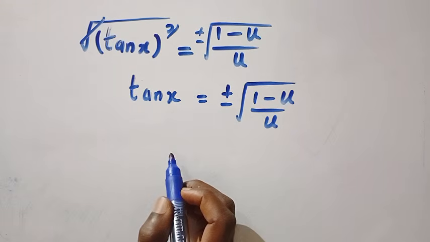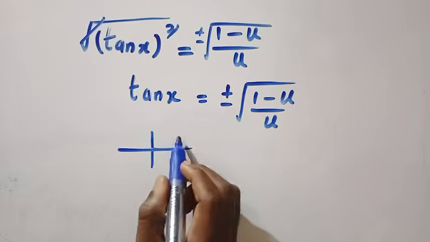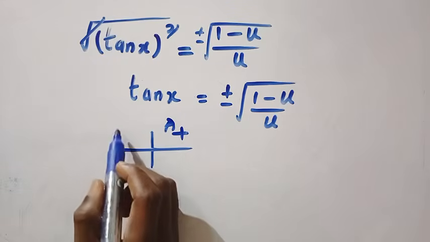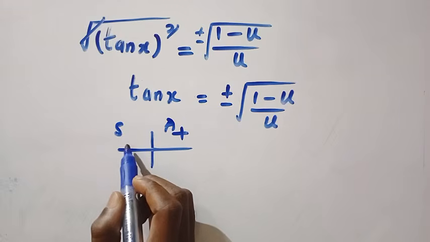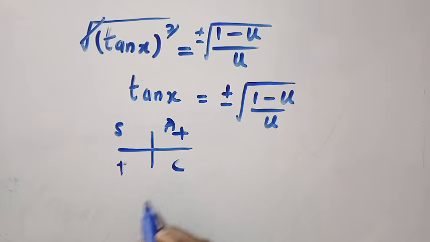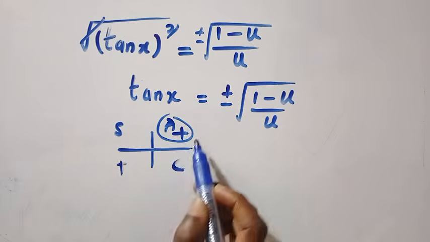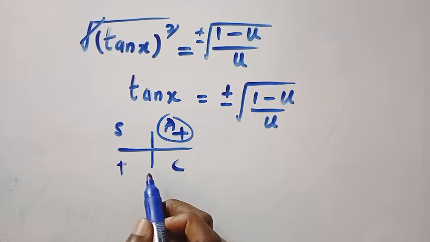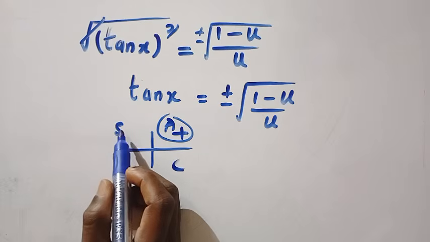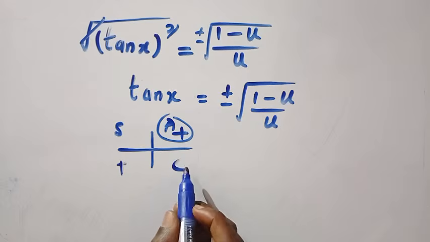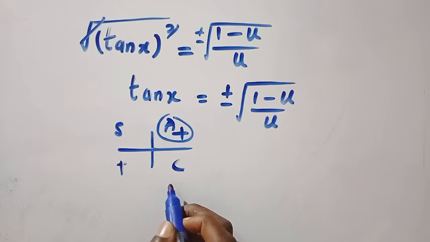As we have 4 quadrants, in the first quadrant all are positive: sine is positive, tan is positive, and cos is positive. So any value that ranges from 0 to 90 degrees is positive.